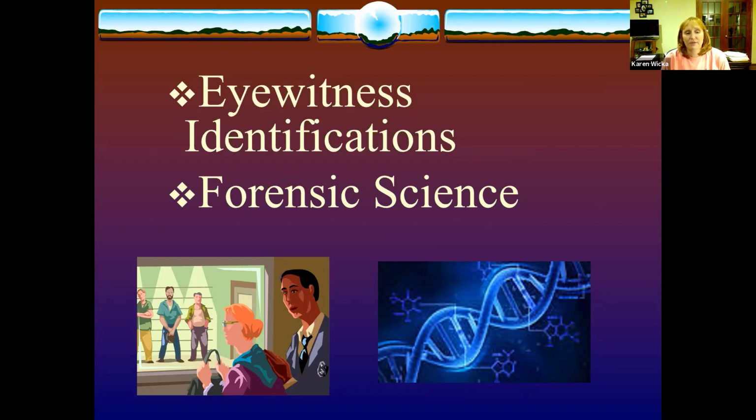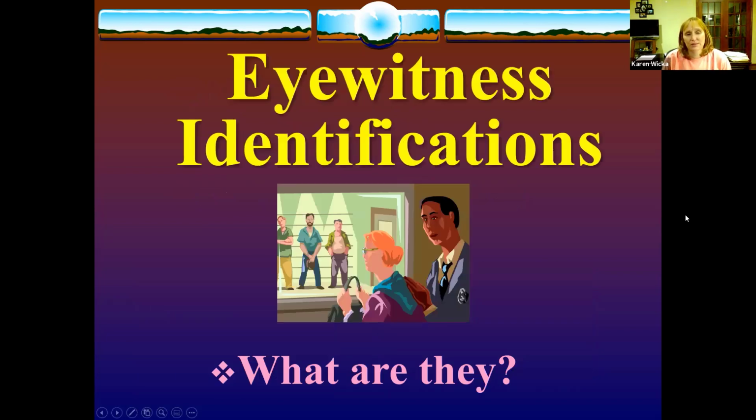Another way they can narrow down the suspect is through forensic science. If they have forensic evidence left at the crime scene, such as hair, fiber, fingerprints, DNA, blood, anything like that, they can use forensic science to help narrow down the possible suspects. We're going to start this week in this lecture talking about eyewitness identifications.